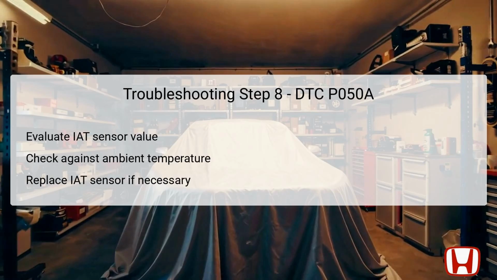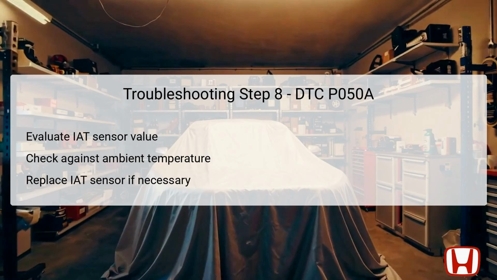In Step 8, technicians must compare the value of the intake air temperature, IAT sensor, against the ambient temperature. Begin by turning off the ignition and allowing the engine to cool until it reaches ambient temperature. Afterward, turn the ignition back to the on position and quickly note the IAT sensor's value from the HDS data list.